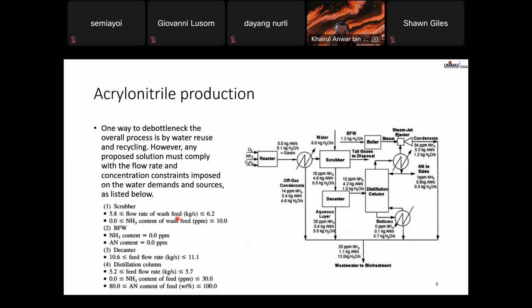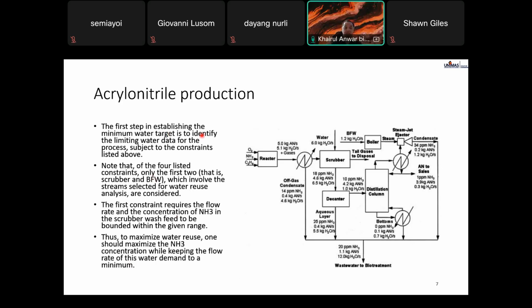For the boiler feed water, BFW, decanter, in the distillation column. This is the question. They keep some tolerance. So we work around the tolerance.